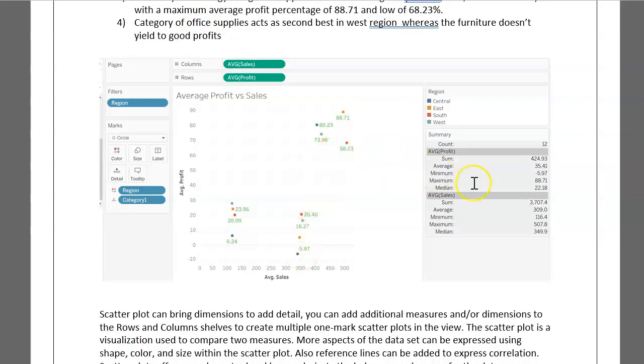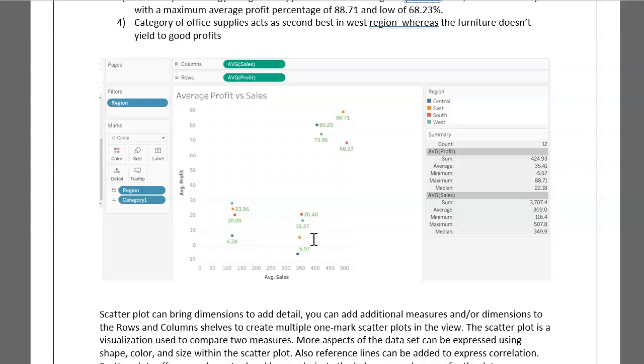Office supplies give a much higher margin when compared to other categories. The office margin is next to technology, so it would be the next biggest thing category wise. The furniture doesn't perform that well when compared to office or technology.